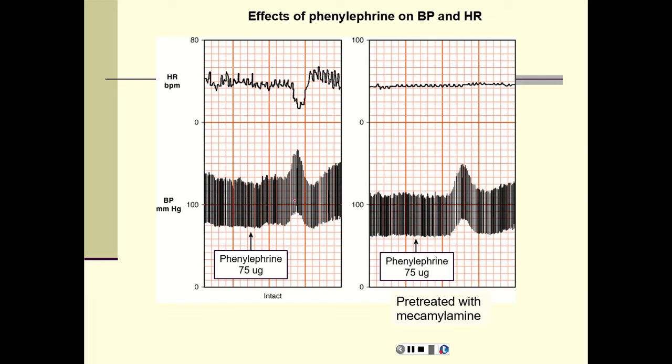It is the blood pressure and heart rate response to an injection of phenylephrine before and after mecamylamine, which is a ganglionic blocker. Sorry for the bad handwriting. Ganglionic blocker that blocks the nicotinic receptors in the autonomic ganglia, thus preventing any reflex responses from reaching the organs.